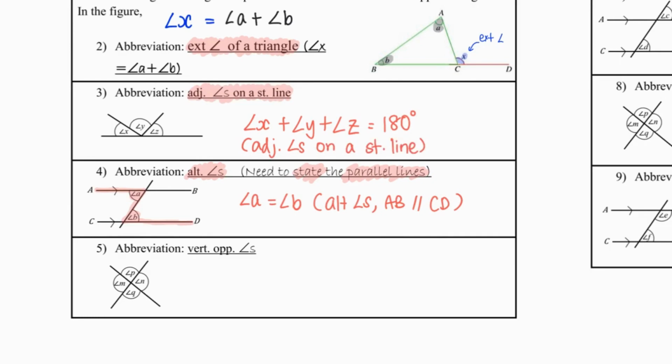So in this case, vertical opposite angles, which we have learned previously as well, my P and Q. Angle P equals to angle Q, vertical opposite angles. M is with N. They are equal. Vertical opposite angles.